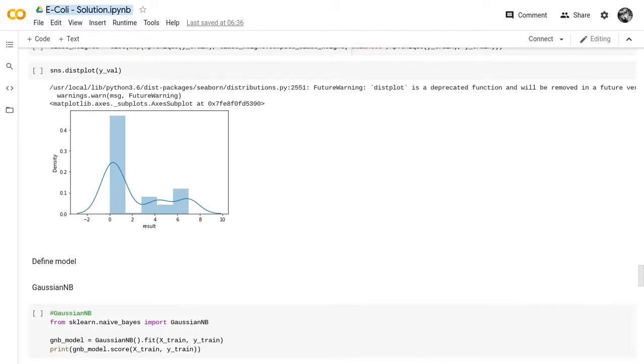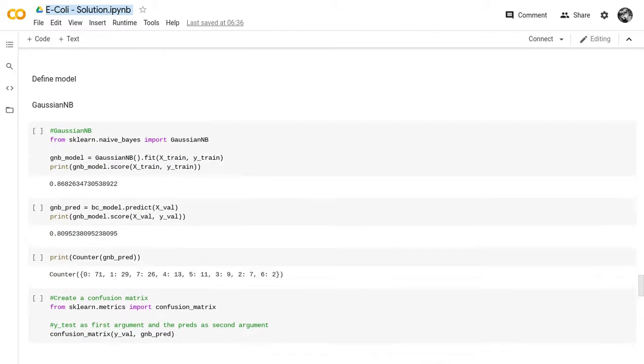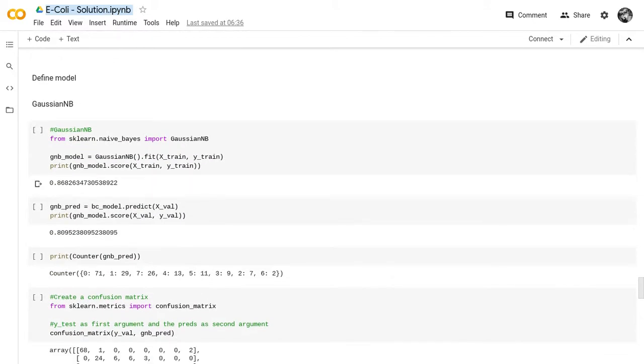And now what we do is we do a dist plot on the y-val to see how the y-val is showing up. And now we define our model. Through all of my experiments, and I did quite a few experiments, I found 2 models where it picked up all 8 examples.